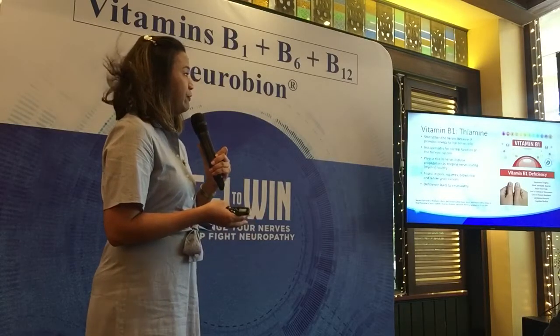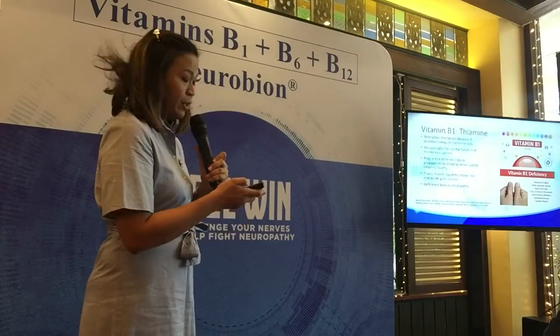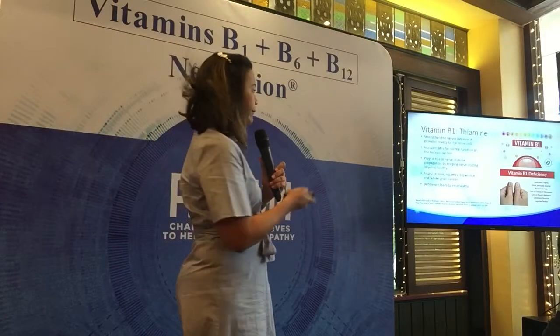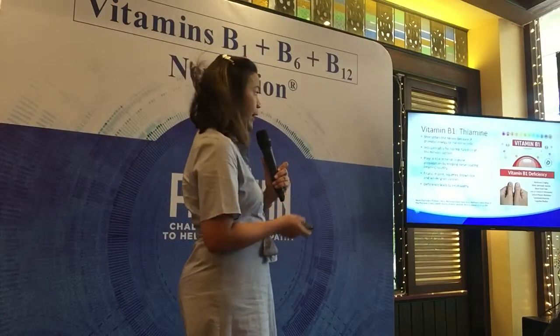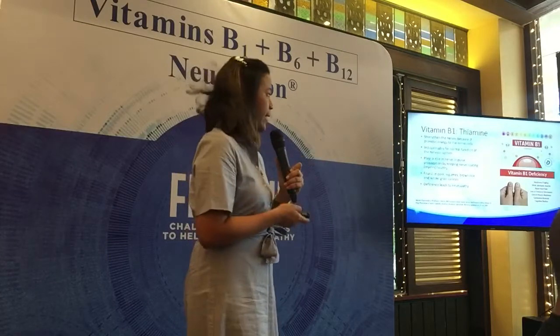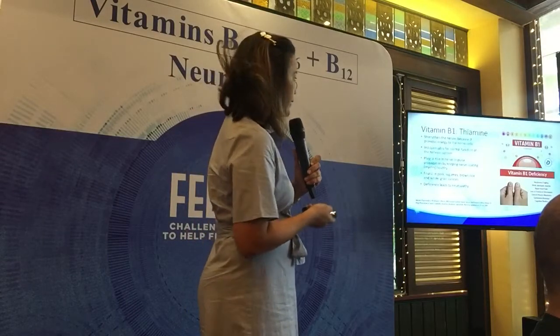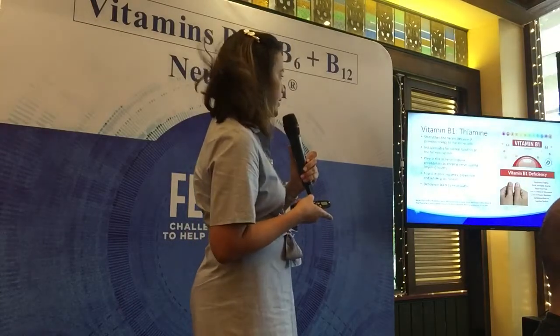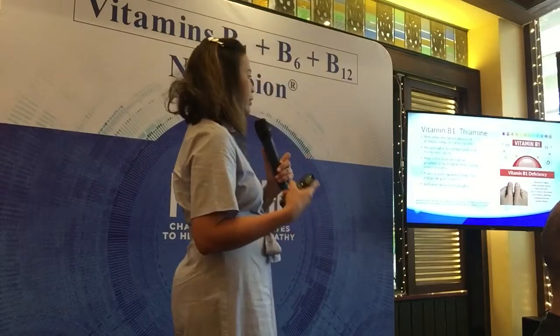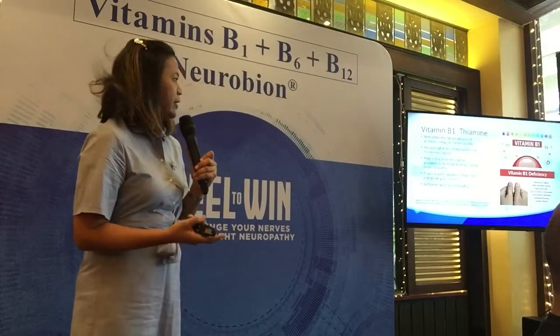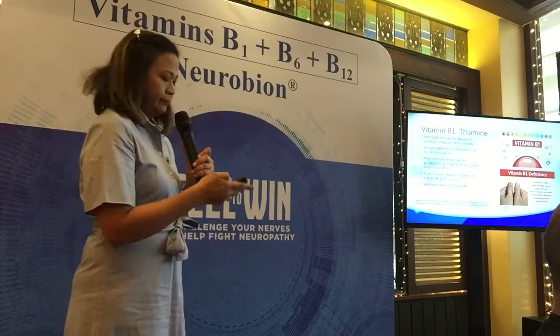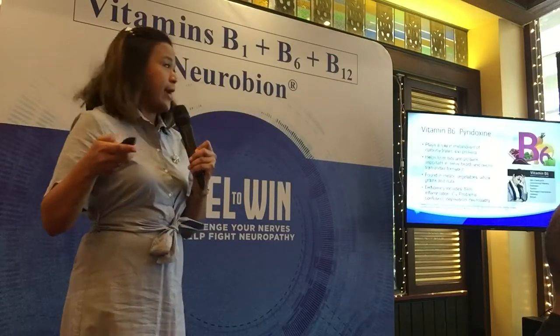So, if there is a deficiency of B1, just B1, then you can have neuropathy. So, B1 pa lang, may neuropathy ka na. And as I said earlier, the signs and symptoms are the same. No? You have numbness, weak muscles. No? So, that's your B1 or your thiamine.